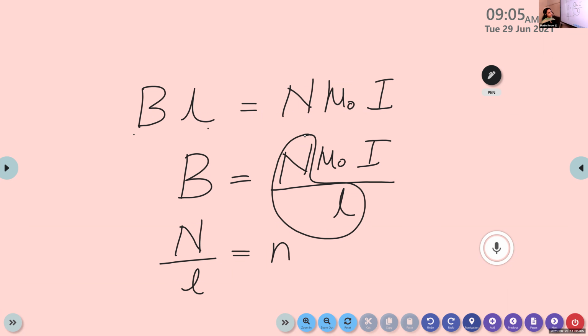Here we know that B is equal to N mu 0 I divided by L, and N by L represents small n, the number of turns present in a solenoid per unit length. N by L is equal to small letter n.